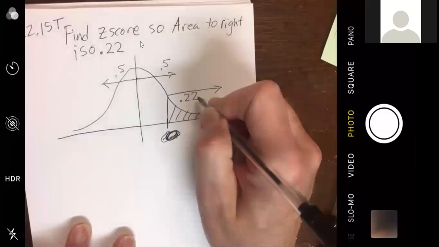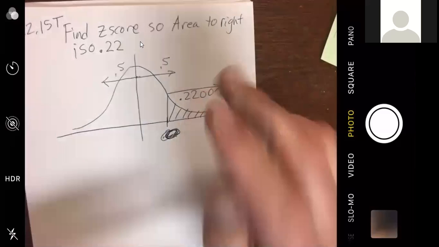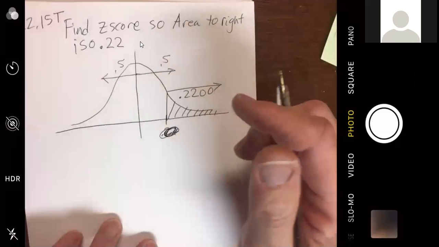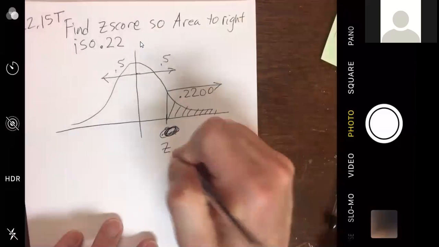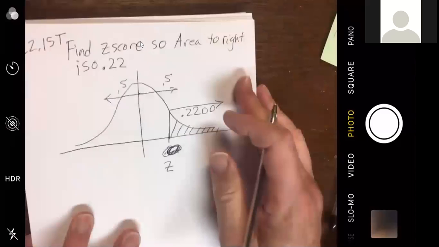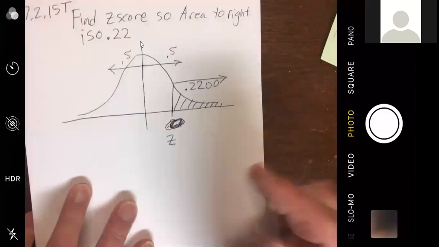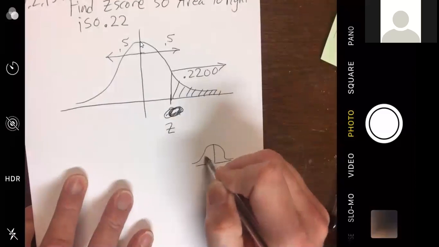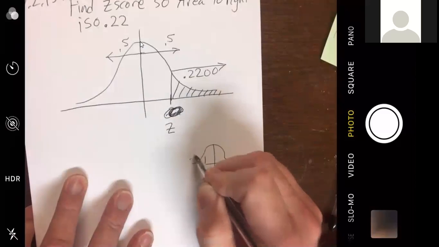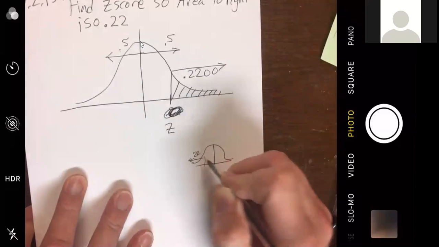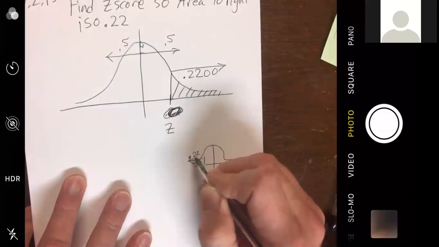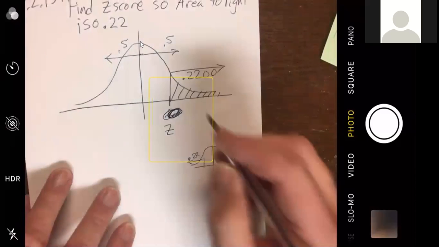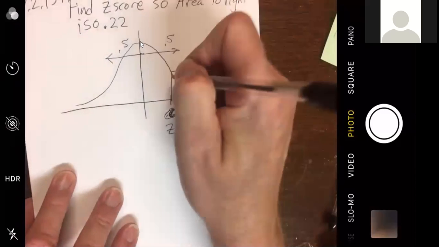And I'll stick a couple zeros on it so I don't split off the 2 and look it up forwards. This is a Z number we're trying to find. You understand if they had given me the 0.22 to the left, I would not subtract from 1, right? If they'd said 0.22 on its left, I'd use it directly. But because it's on the right, I must subtract from 1.